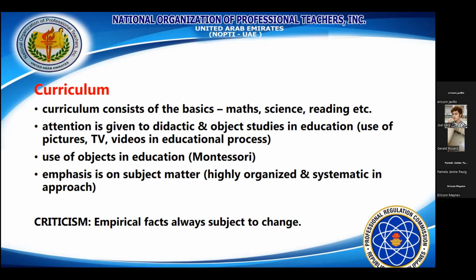Ito yung criticism dito sa philosophy na to. Sabi niya, paano yung mga facts ninyo na nag-change every now and then? So, ibig sabihin, mag-change din ba ang mentality about realities of life kung mag-change yung mga empirical facts? Okay?